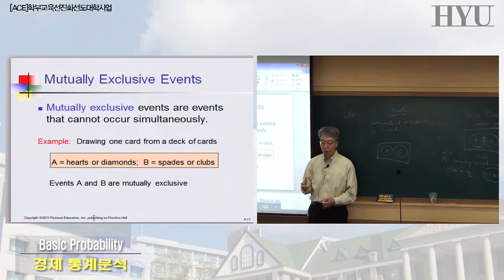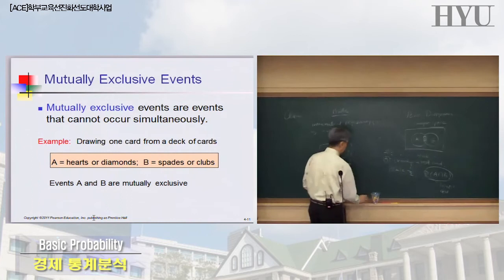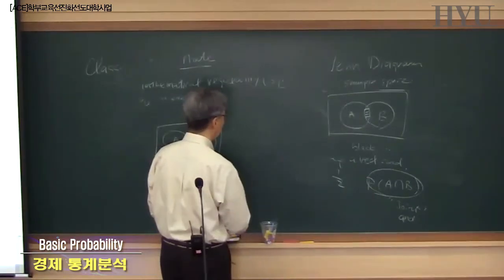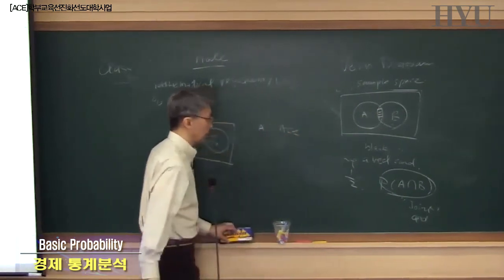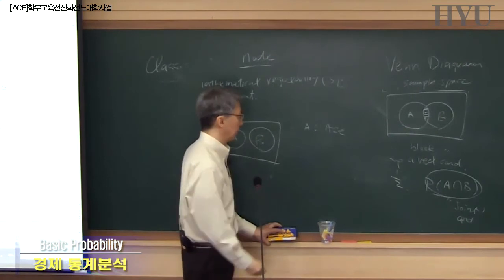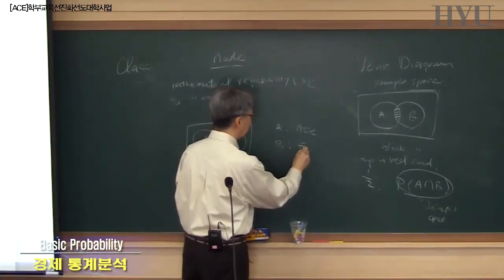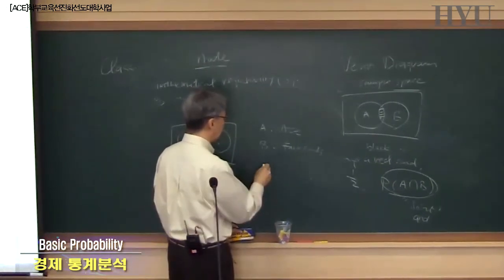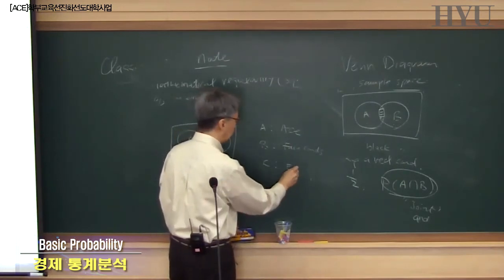You can have more than two events that are mutually exclusive. If you define event A as ace, that's an event that you pick an ace. Event B is a face card. And event C is, let's say, even numbered cards.